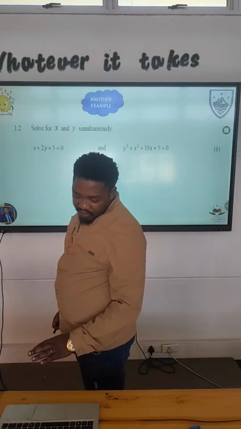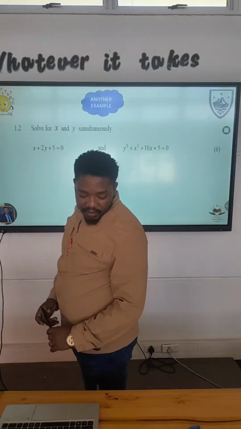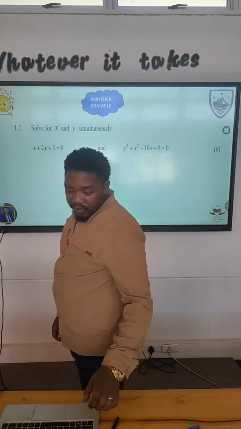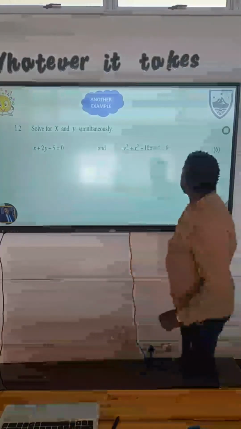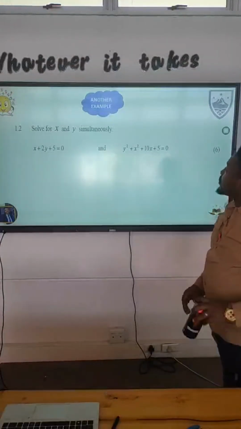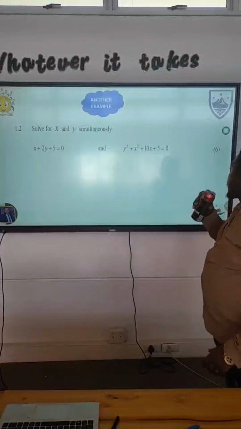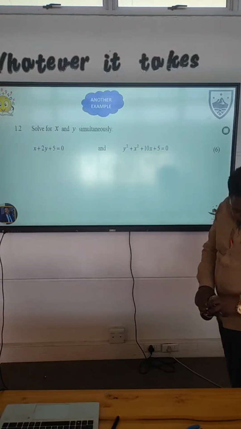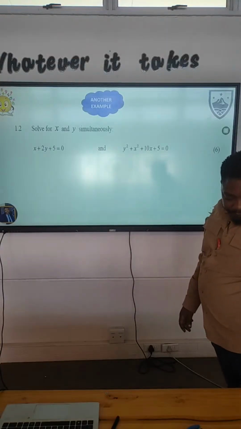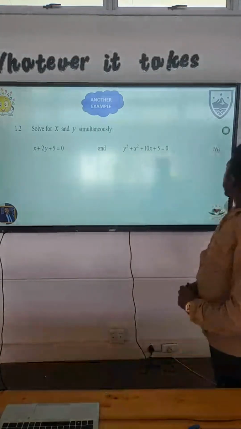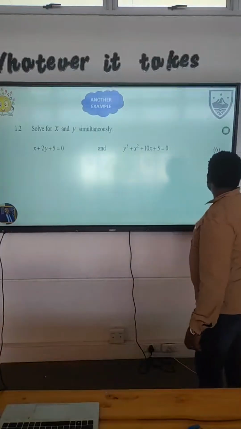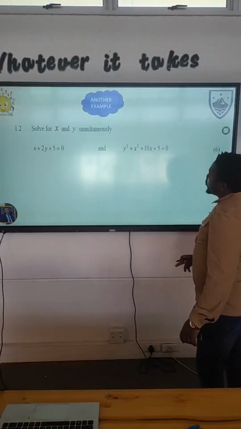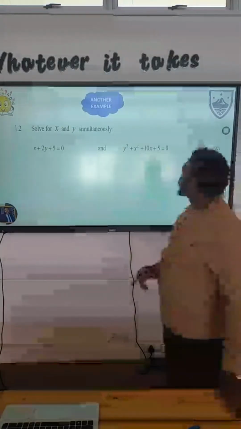I think the other one is solve for x and y. We are given two equations still, and then we have to solve both of them simultaneously at the same time. So let's start with looking for the equation which is easier for us to make one of the variables the subject.